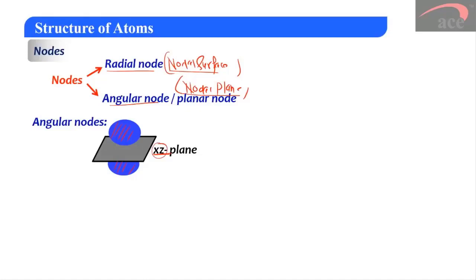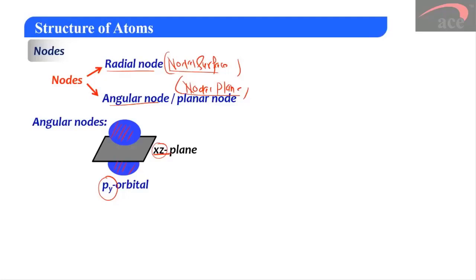So the electron density is present along this axis. It is referred to as the py orbital because the shape of this orbital is dumbbell shape. Can you check this? The density of electron is dumbbell shaped, and this is on the y-axis. How did we come to know about the y-axis?